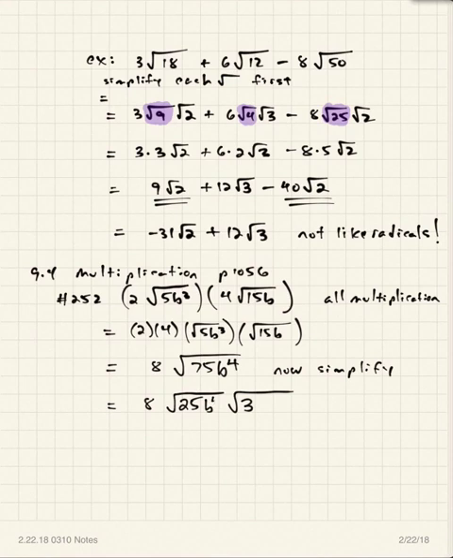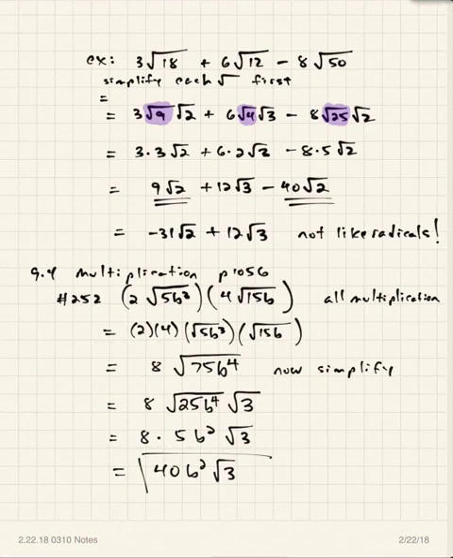And so the b to the 4th just goes over here with the 25 because that's a perfect square. All right, and so then you get 8 times 5b squared times the square root of 3. And then you could finally finish that as 40b squared times the square root of 3. And that is our final expression there at the end.